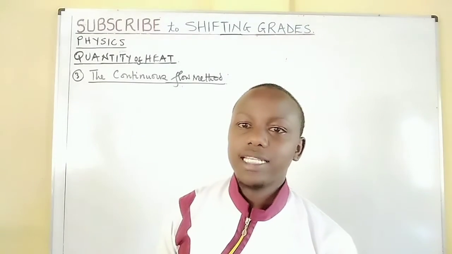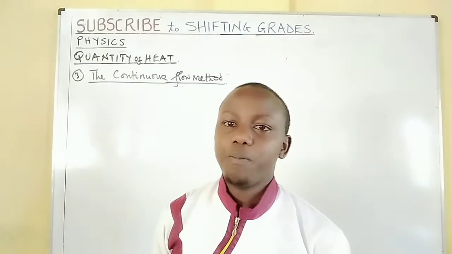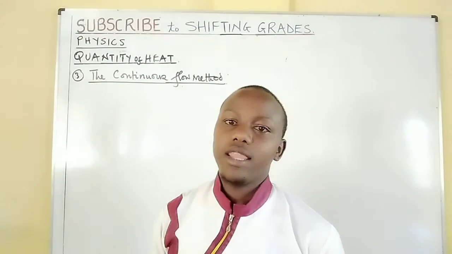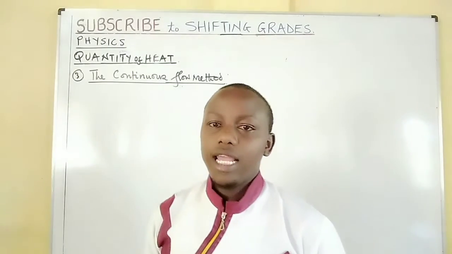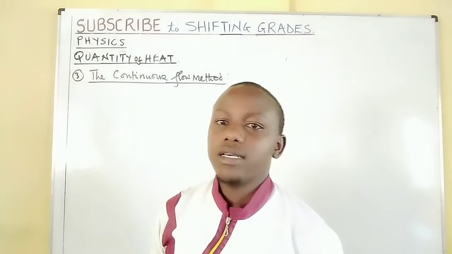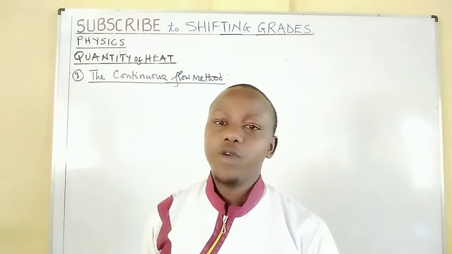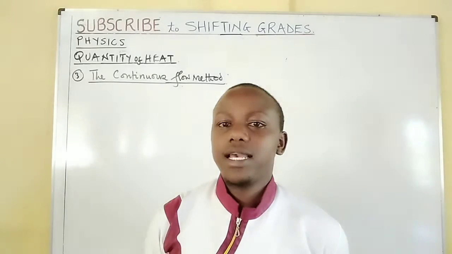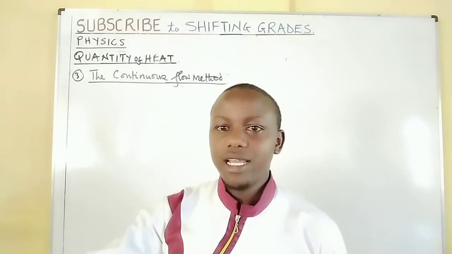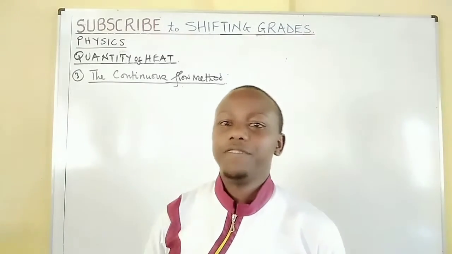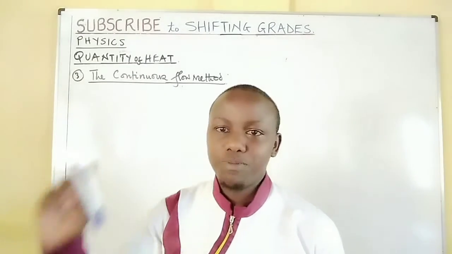Welcome to another lesson whereby we are continuing with the topic in physics called the quantity of heat. Earlier on we discussed the terms heat capacity and specific heat capacity. Then, after knowing how they are calculated, we discussed how specific heat capacity can be determined experimentally.